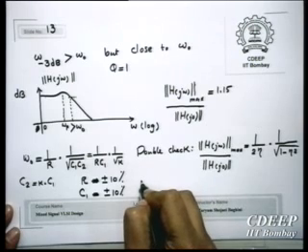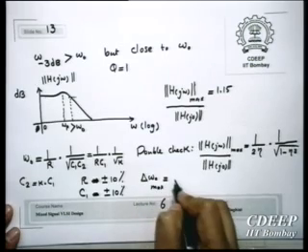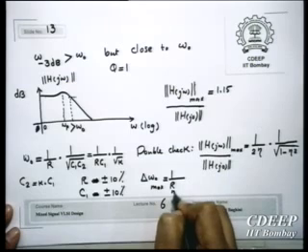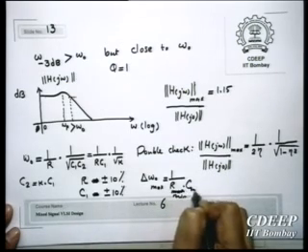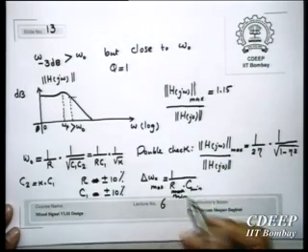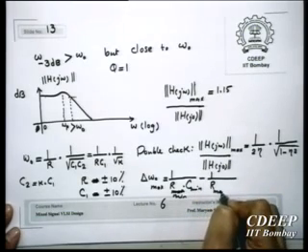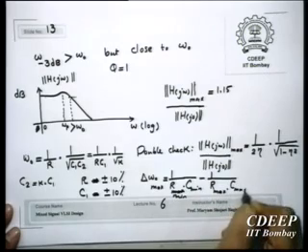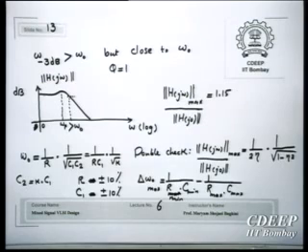Therefore, delta omega 0 max is 1 upon R min C min minus 1 upon R max into C max. And that is very important to consider, because in integrated technologies this can happen. These two, the variation of R and C, are almost uncorrelated.